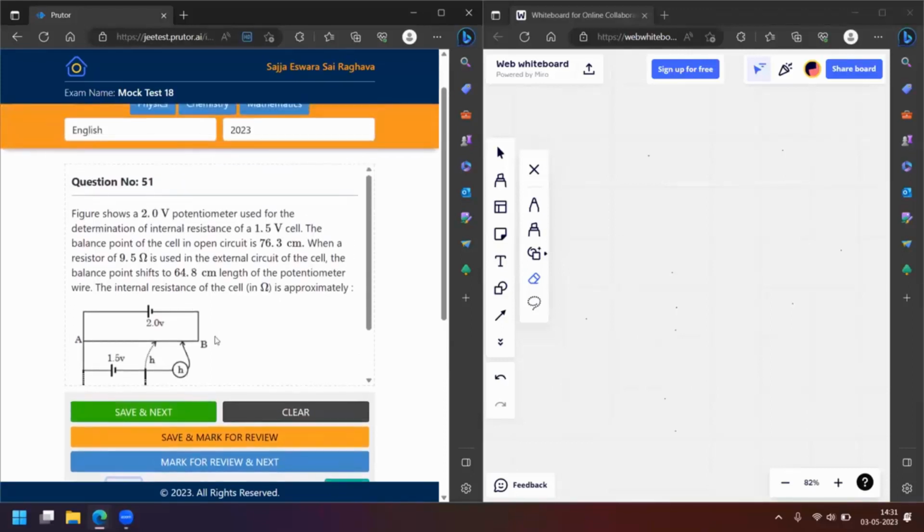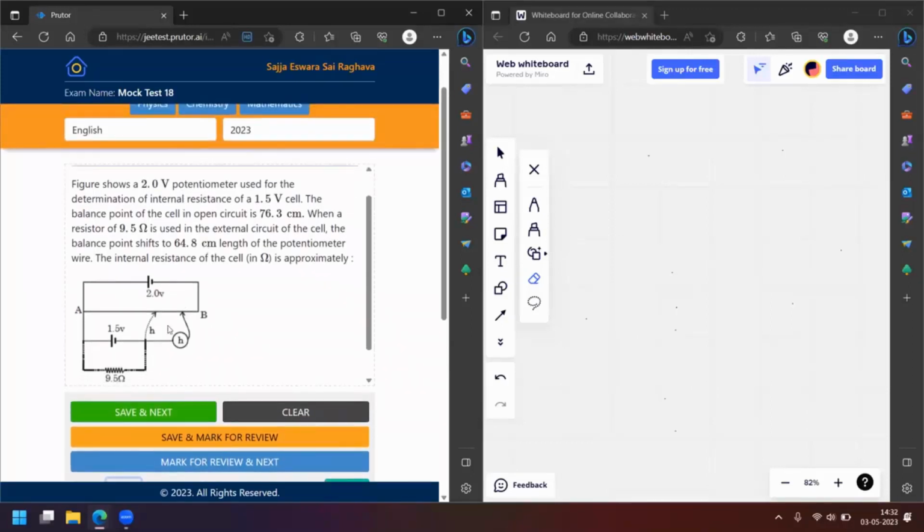This is also a potentiometer. Here we are using an extra resistance of 9.5, and we are getting a balanced length. Without using the 9.5, we have to find the internal resistance of the cell. At the balancing point, we can use a loop.